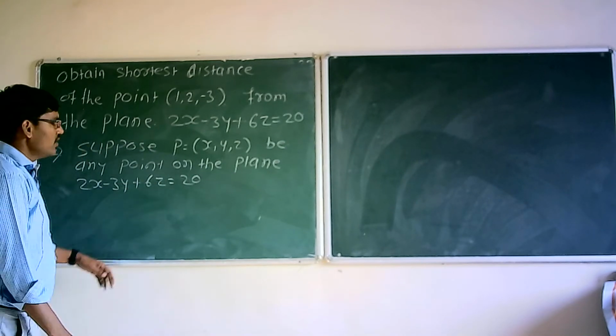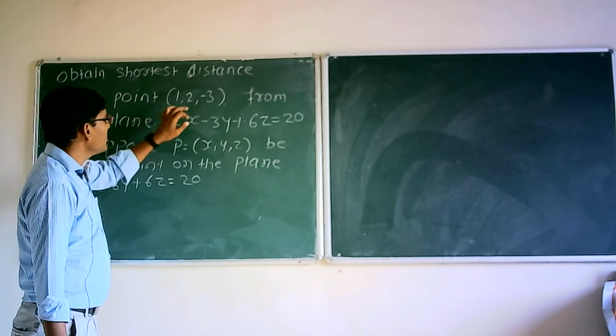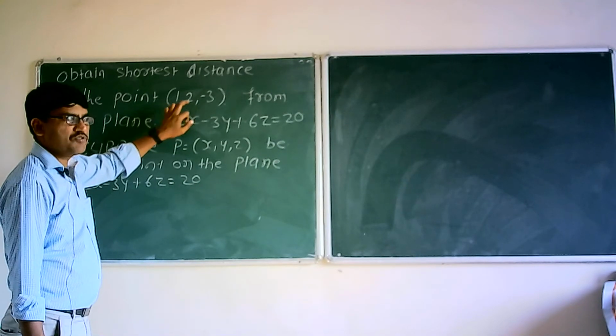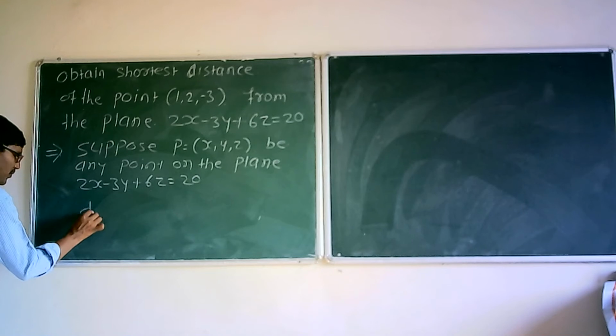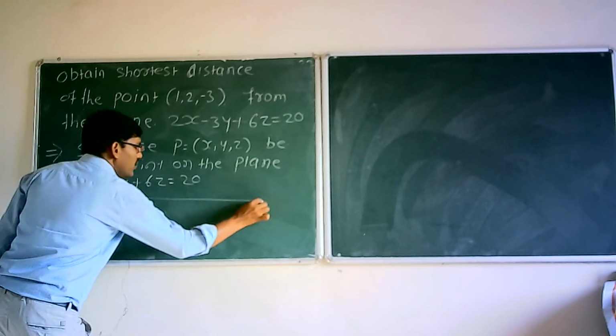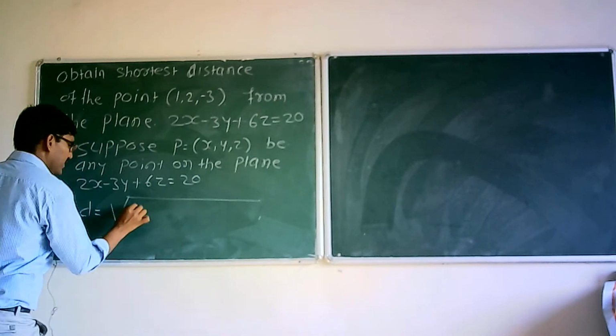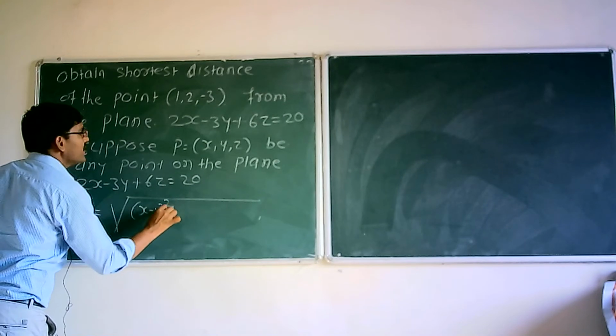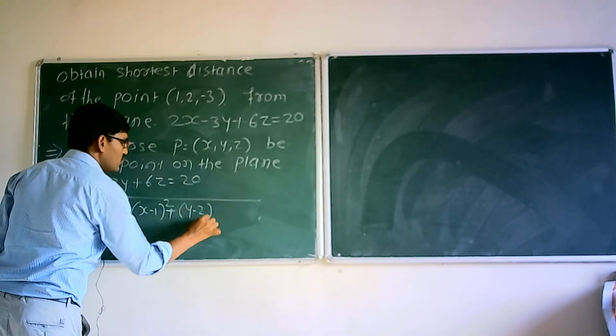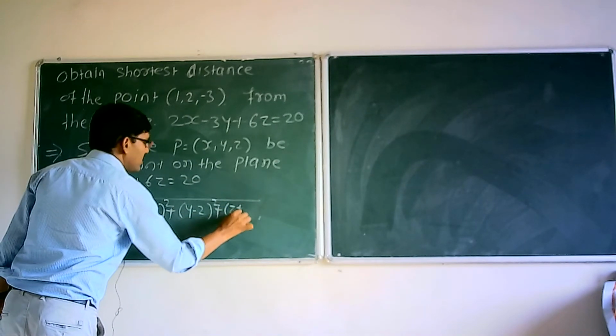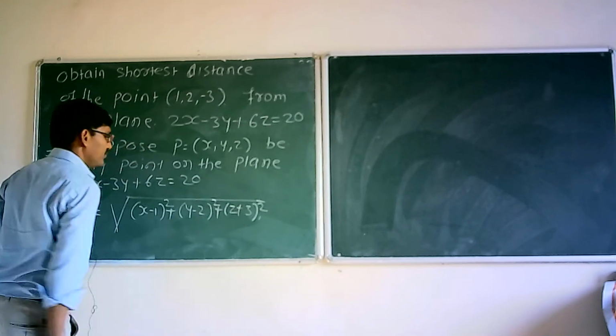Then what is the distance from this point to this point by the distance formula? By the distance formula, d is equal to the square root of x minus 1 bracket square plus y minus 2 bracket square plus z plus 3 bracket square.